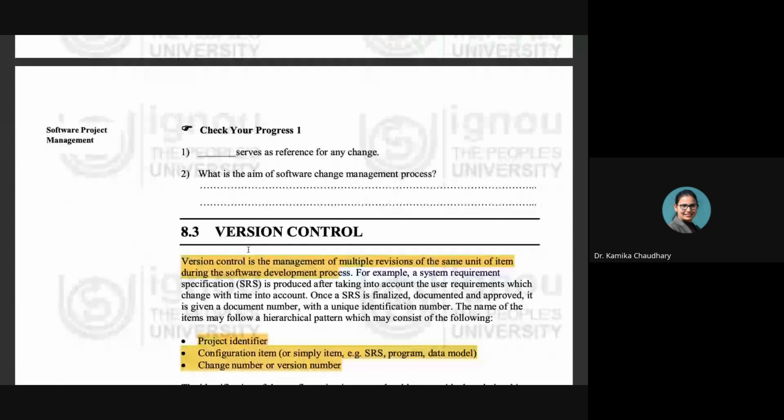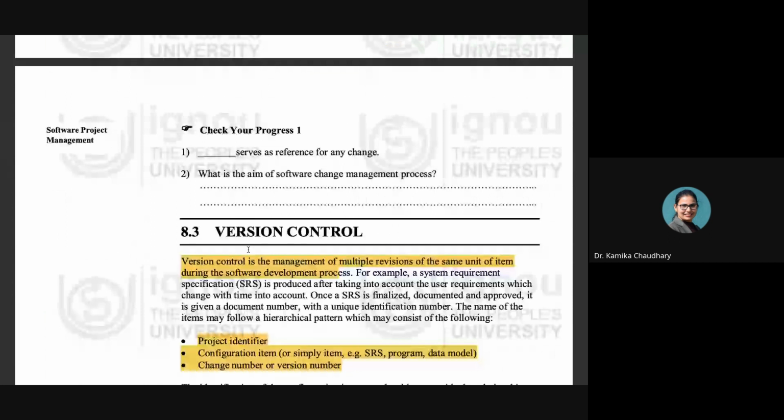Yes, ma'am. So it could be in terms of mobile phone versions, this series and that series and all that stuff. They all are versions only. It is also there in the case of our operating systems and in our various applications that we make use of.